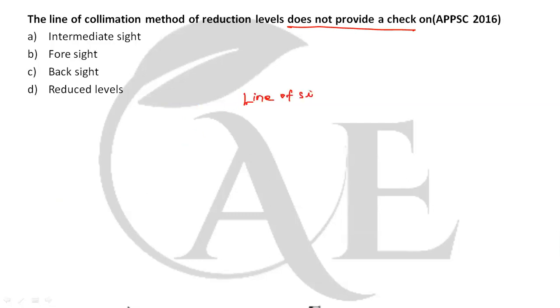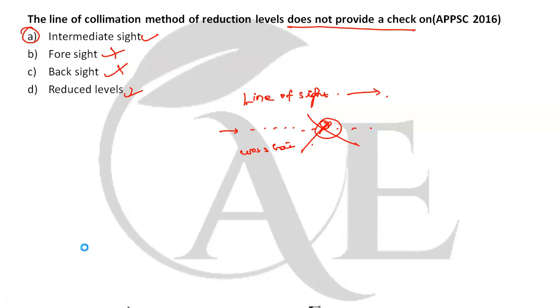It is the imaginary line passing through the intersection of the crosshairs at the optical center of the object glass. This method can measure the foresight reading, backsight reading, and reduced levels, but it cannot provide a check on intermediate sight. So option A is the correct answer.